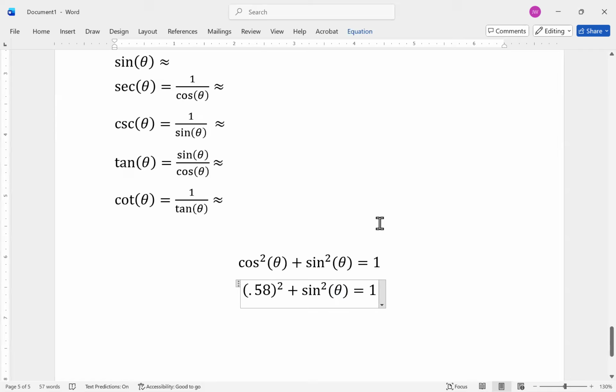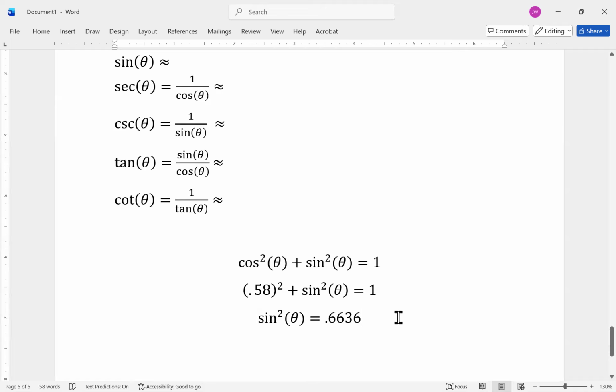Now 0.58 squared is going to be 0.3364. If I subtract that from 1, I end up getting that sine squared of theta is equal to 0.6636.